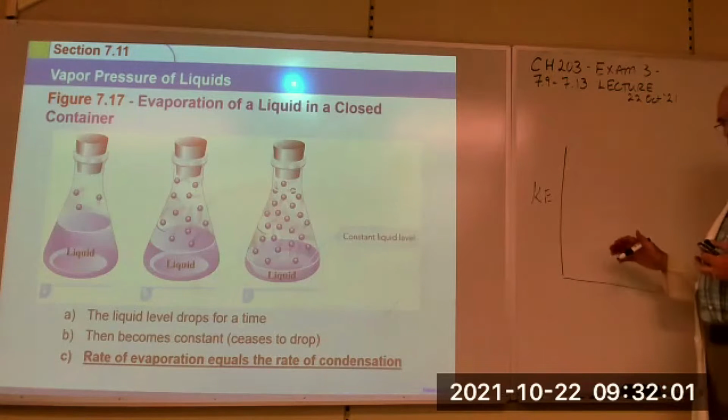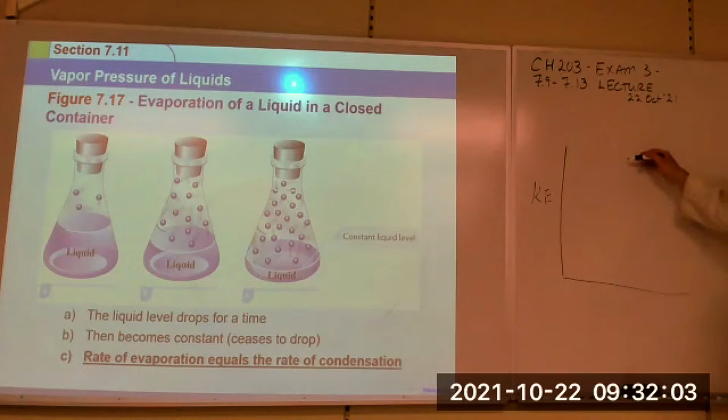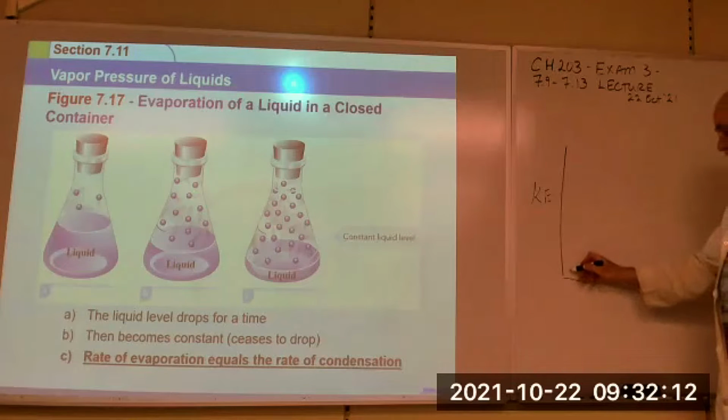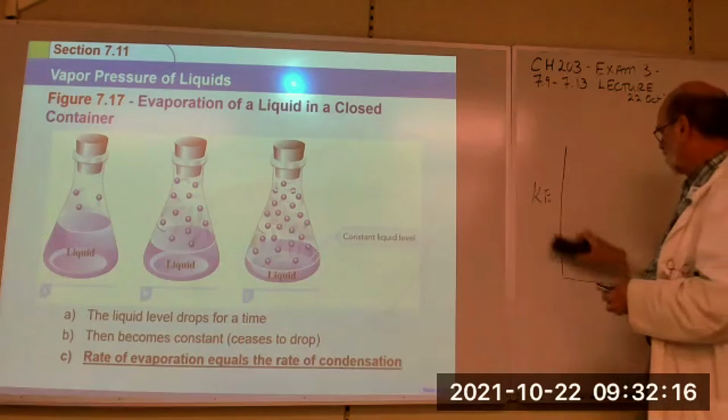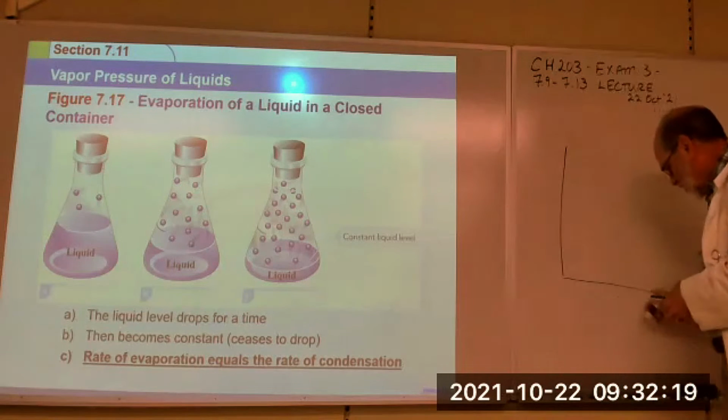You'll have so many with this much kinetic energy. Then you'll have some with this much, and you have some with this much. And if you add them all together, then you find that the average should be down here.